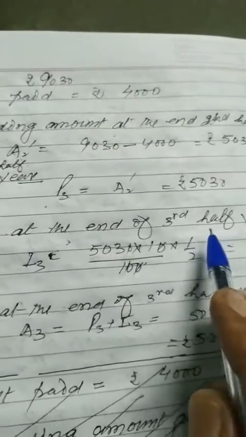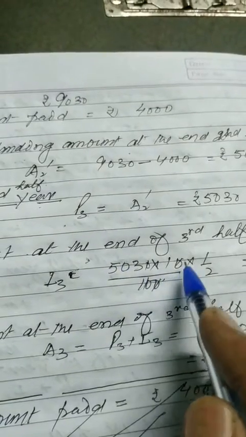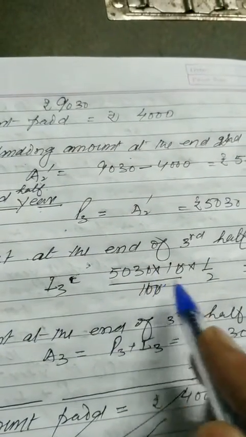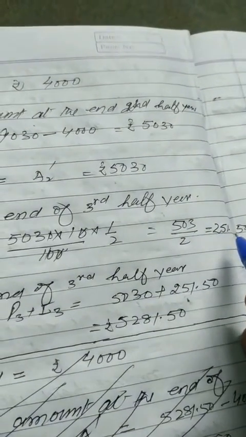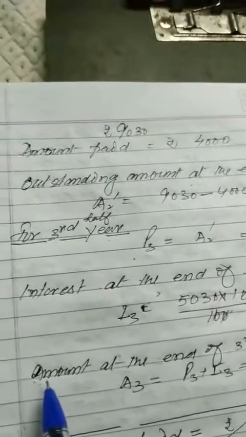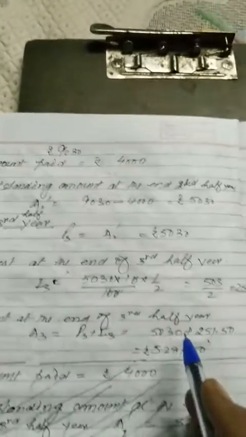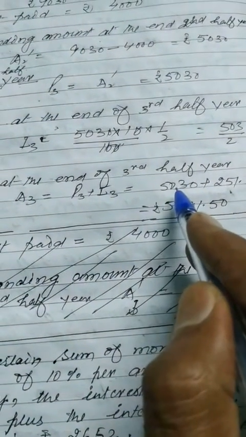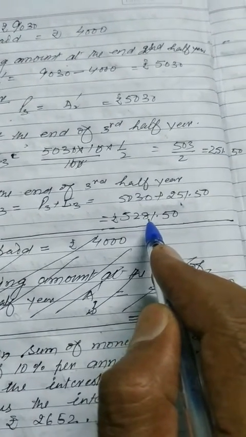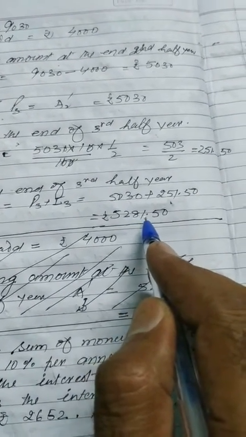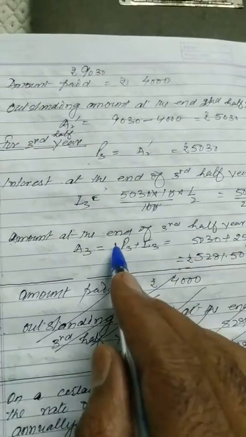Interest at the end of the third half year, I3 equal to 5,030 multiplied by 10 into 1/2 over 100. This is 20 cancel, and we have 503 divided by 2, that is 251.50 rupees. Amount at the end of the third half year is P3, 5,030 plus 251.50, that is 5,281.50. This is the amount to clear the debt at the end of the third half year.